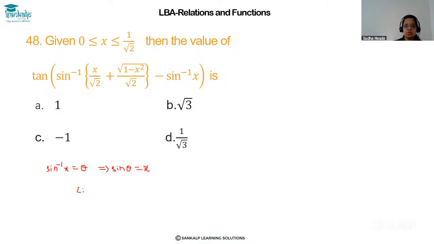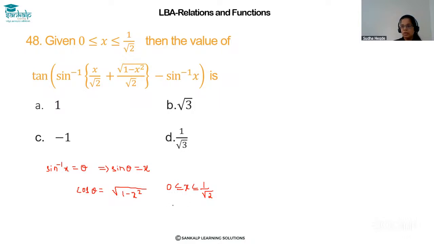That implies cos theta is equal to square root of 1 minus x square, correct? So this x value lies between 0 and 1 by root 2.